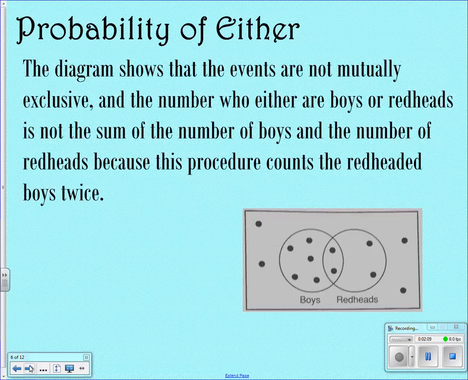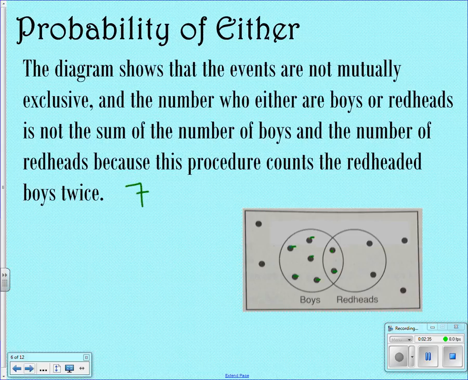So we're going to look at this one here. It shows events that are not mutually exclusive, and we have some boys and some redheads, and we also have some redheaded boys. Now what we want to look at is the number that are either boys or redheads. Okay, so the number of boys that we have, 1, 2, 3, 4, 5, 6, 7.